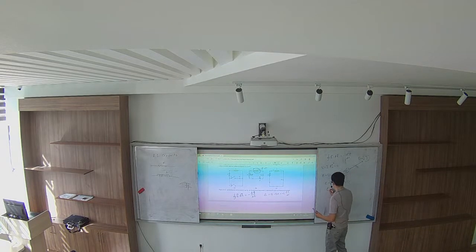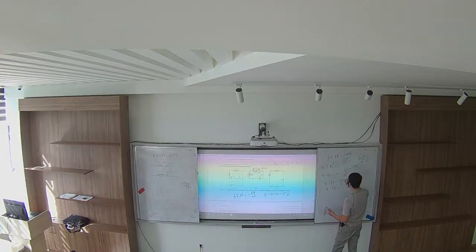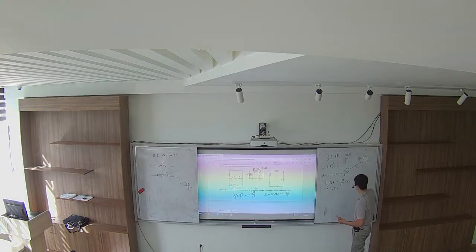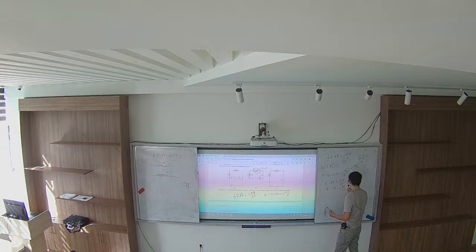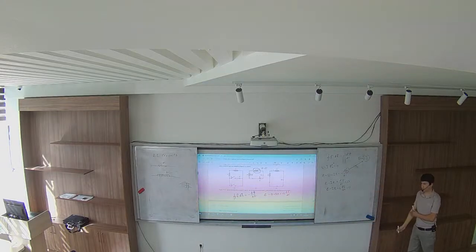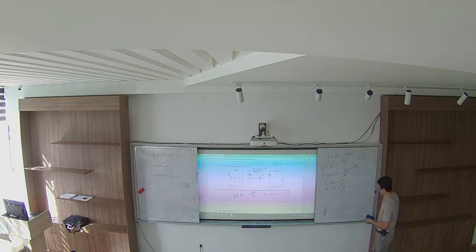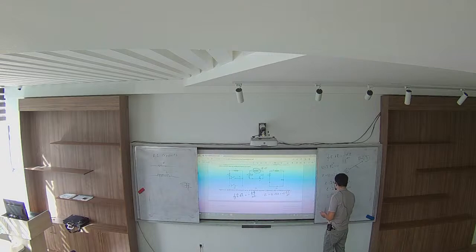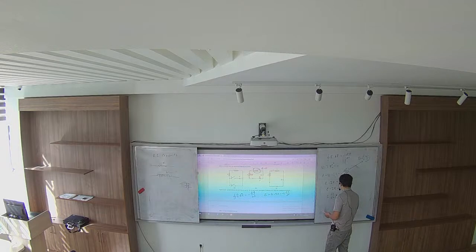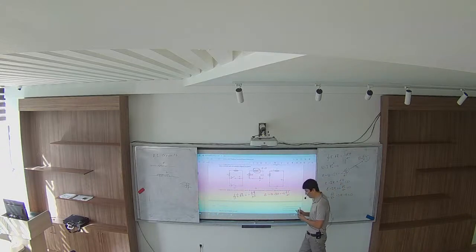So E minus I R minus, if I substitute the flux Φ by L I, plus L dI/dt is 0. So the differential equation is L dI/dt plus I R minus E equals 0.